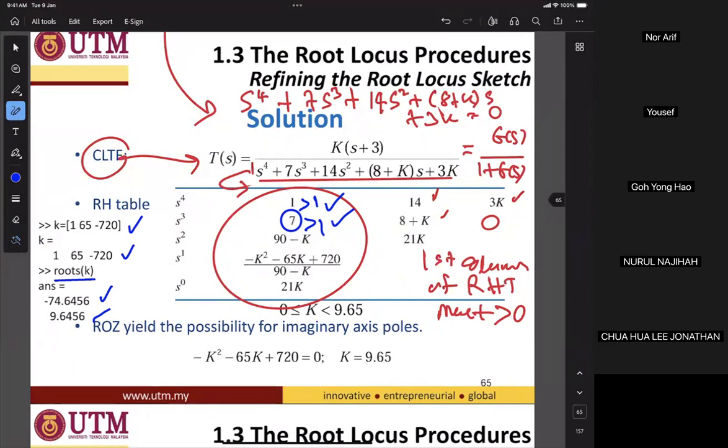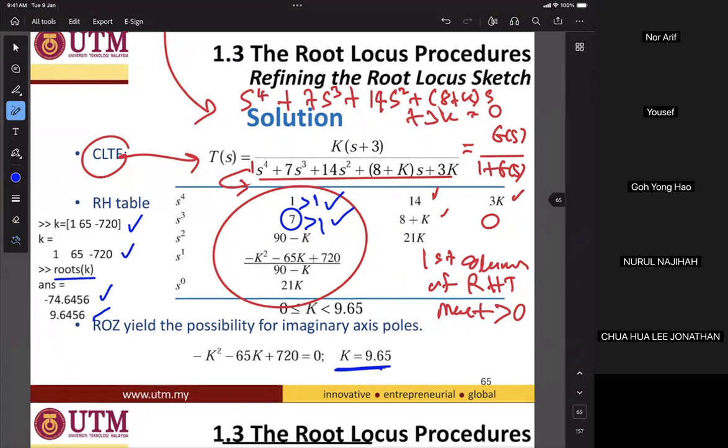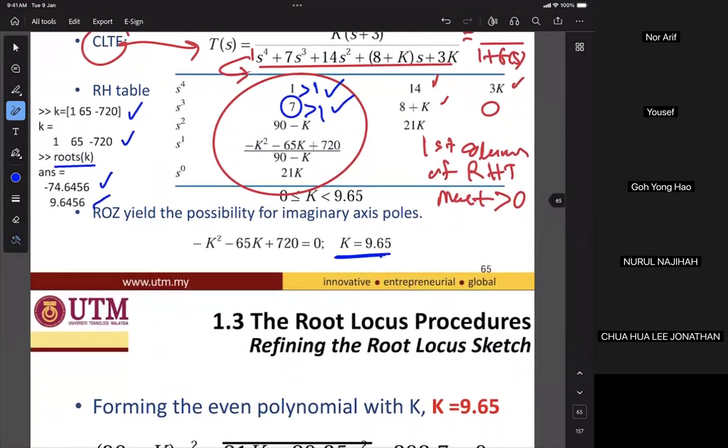Right. So therefore, K is equal to 9.65. That's why the range is 0 less than K less than 9.65. Okay.